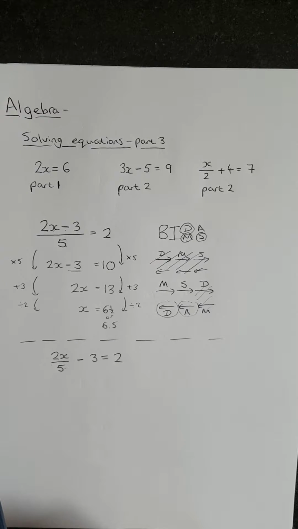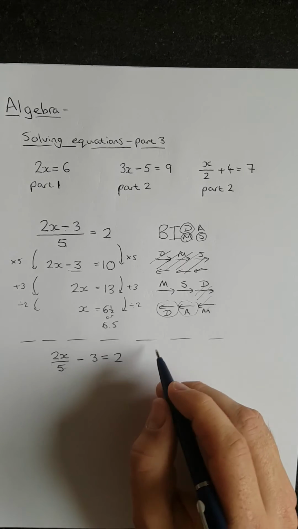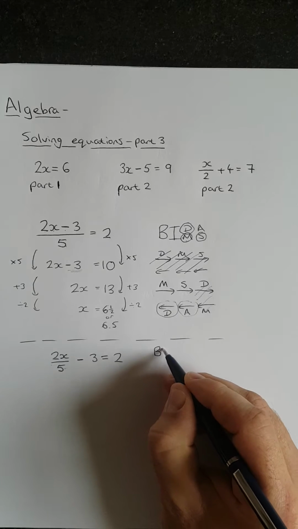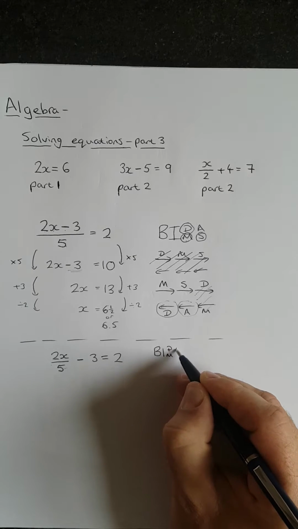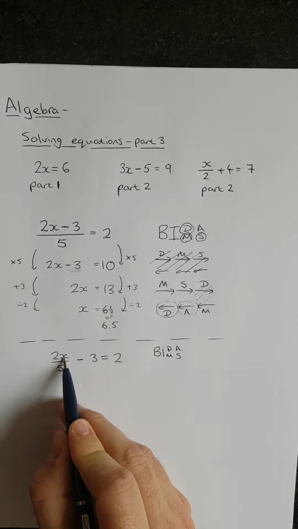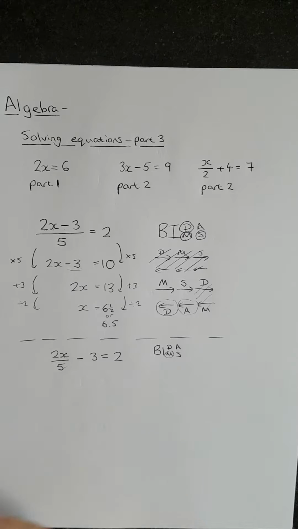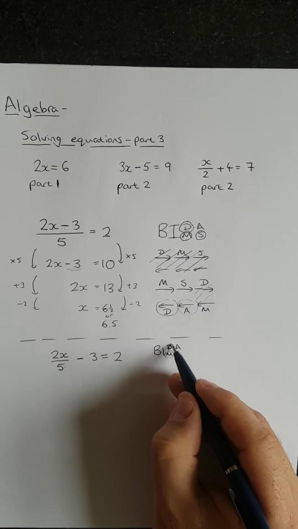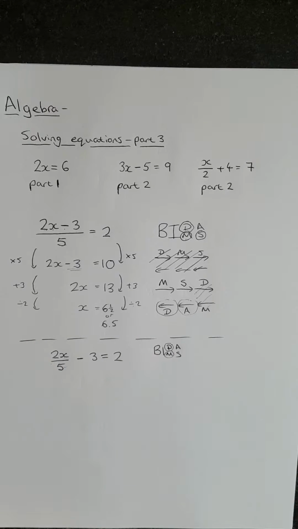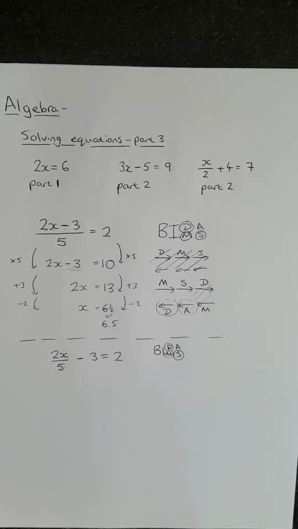No. So we don't have to put the divide at the end. So let's go through our BIDMAS and just follow it and see where it takes us. X has been multiplied by 2. It's been divided by 5. Someone has subtracted 3.